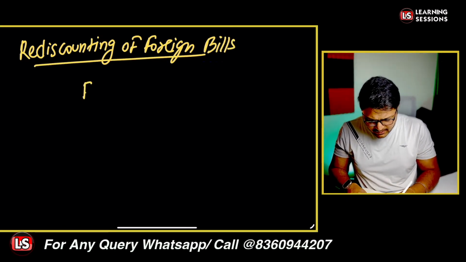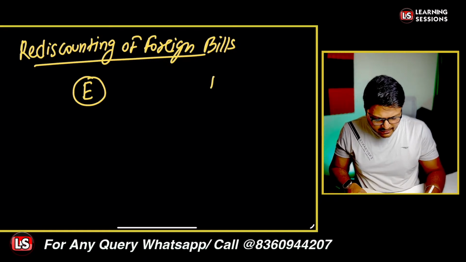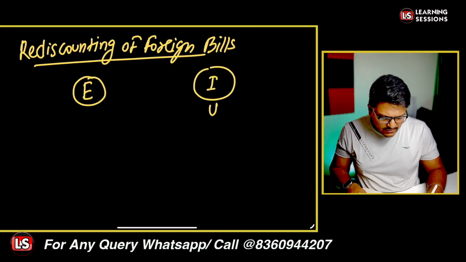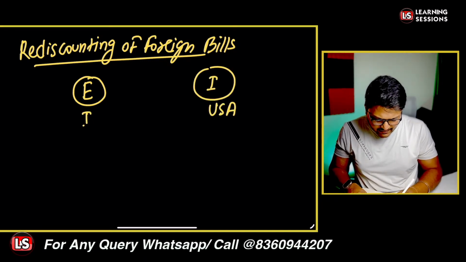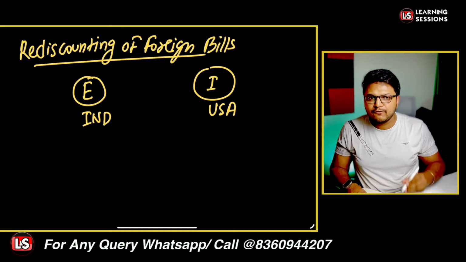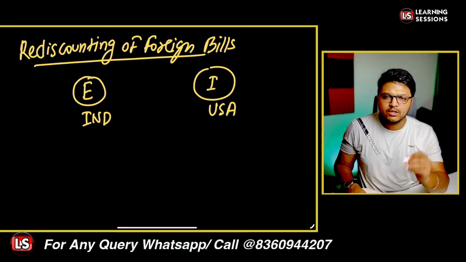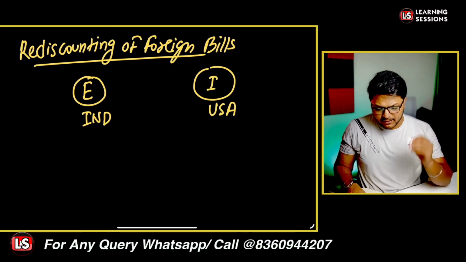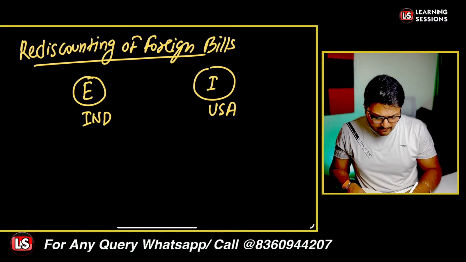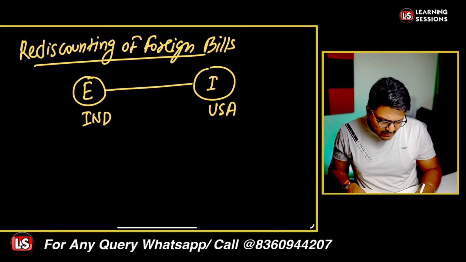Let's say here we have an exporter and here we have an importer. Let's say the importer is in another country, say the USA, and the exporter is here in India, right? The exporter has sold the goods to a person I, the importer, who has not paid the money, so the exporter has drawn a bill. Person I has accepted the bill.